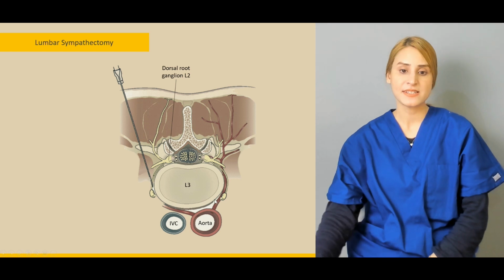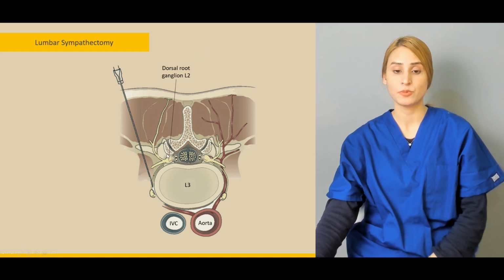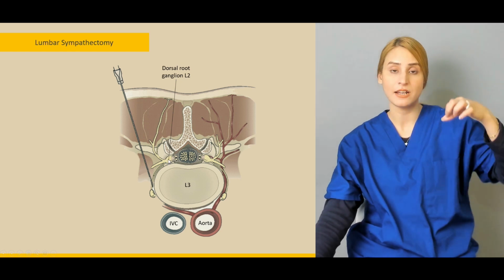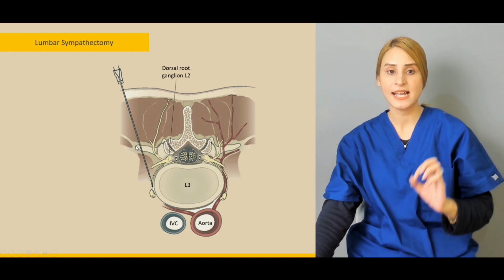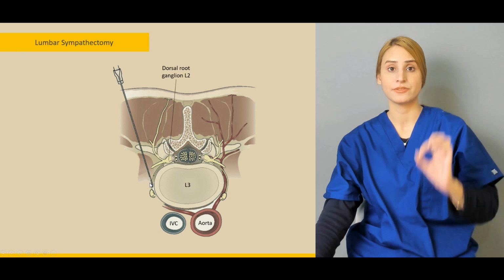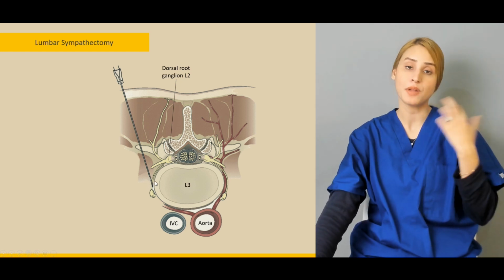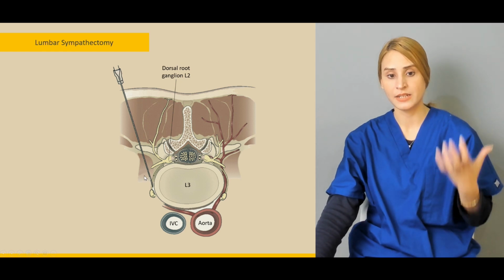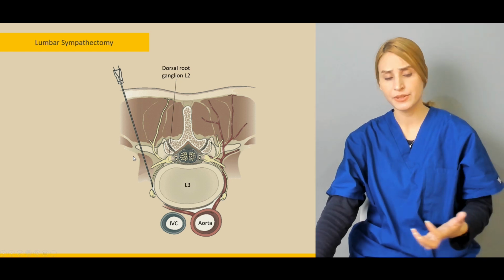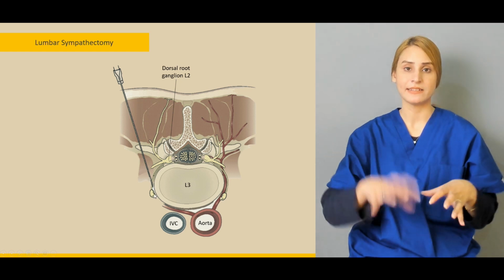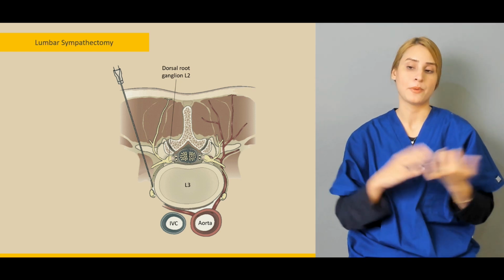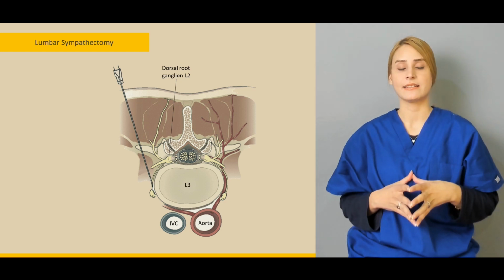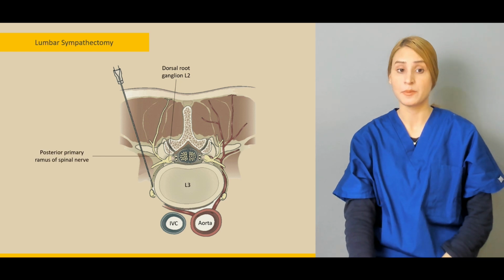This is the dorsal root ganglion at the lumbar vertebra. In sympathectomy, a ganglion blocker is inserted through a catheter, and the blocker or anesthetic agent is given through the epidural or spinal needle. The ganglion is loaded with a local anesthetic, and a longer duration anesthetic can be used in lumbar sympathectomy.